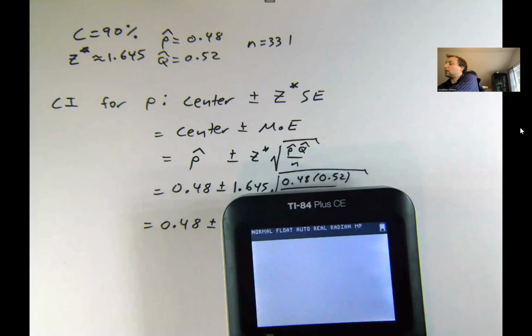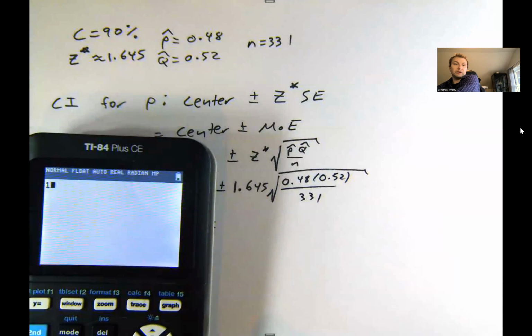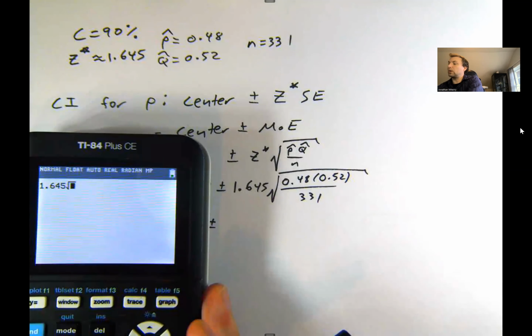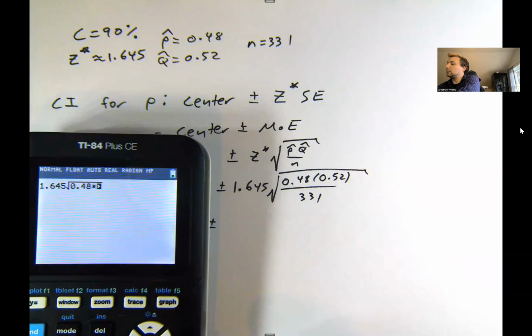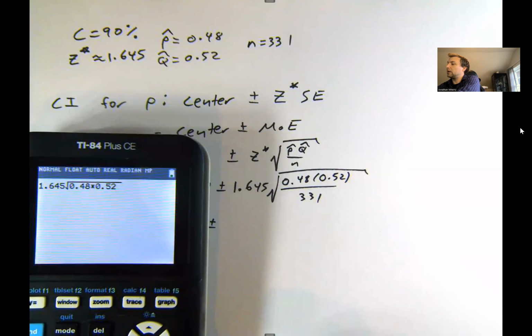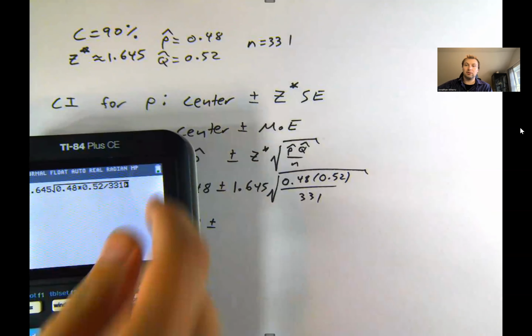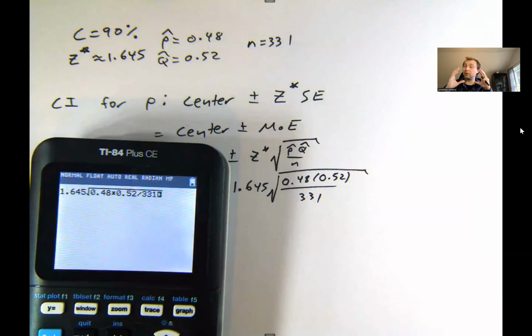So I've got 1.645 times the square root of 0.48 times 0.52 divided by 331. And I want all of those things underneath the square root. So on some calculators, you need to have parentheses.